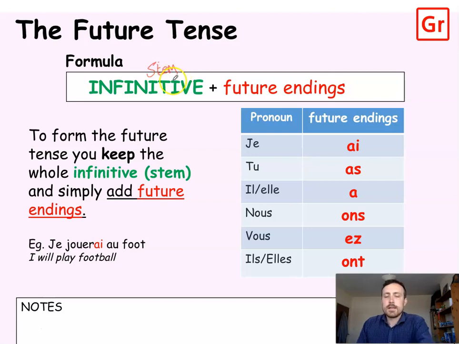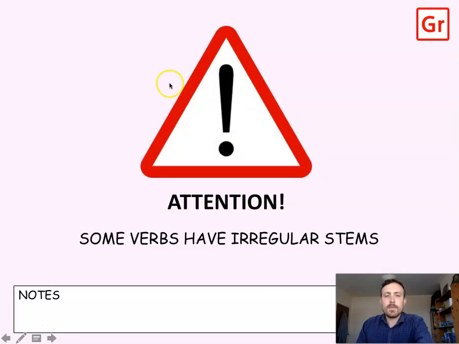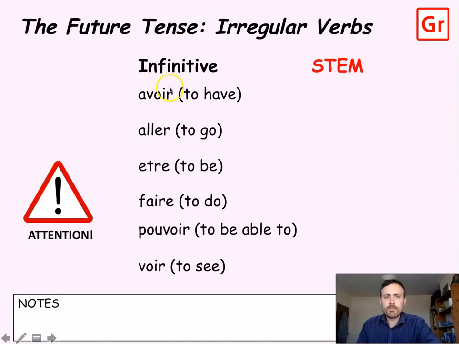So if we go back to our irregular verbs, there's more than this, but these are just some of the key main verbs that don't quite follow the rules, that have their own stem. So I'm just going to write a list of those down and then give you some examples in the notes section below.